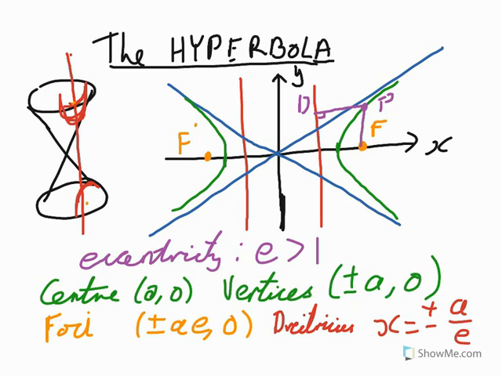and our asymptotes are y equals plus or minus b on a x.